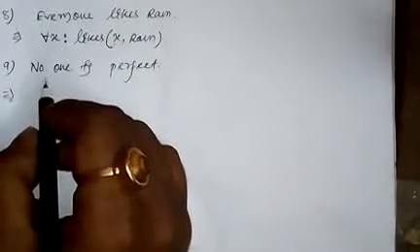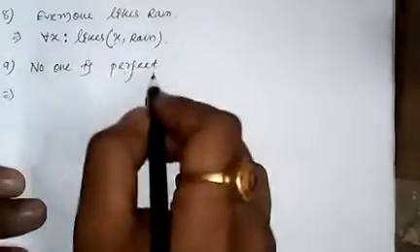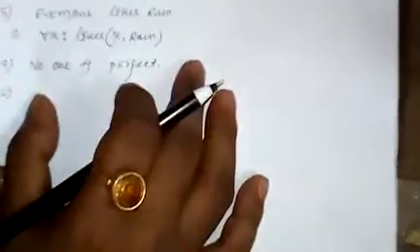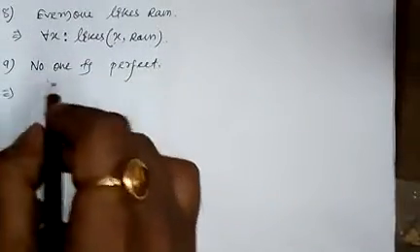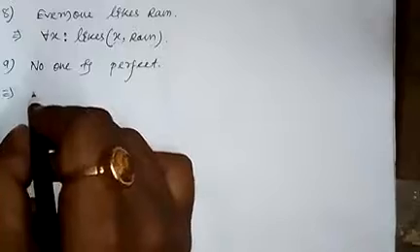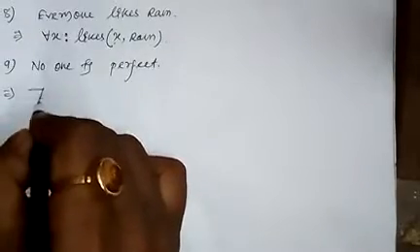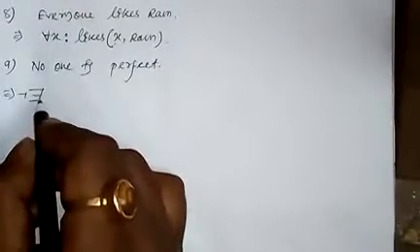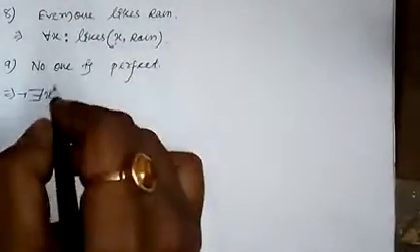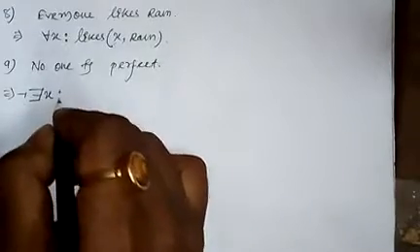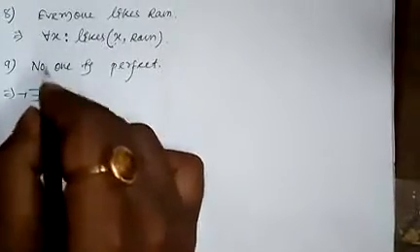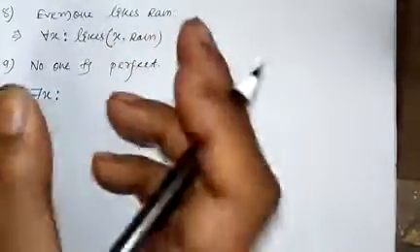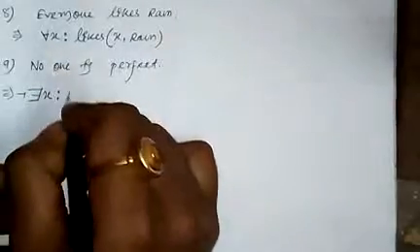So this example states that no one is perfect. Whenever this kind of thing is given, since it says no one, you have to write the negation of there exists x, where x must be a person.